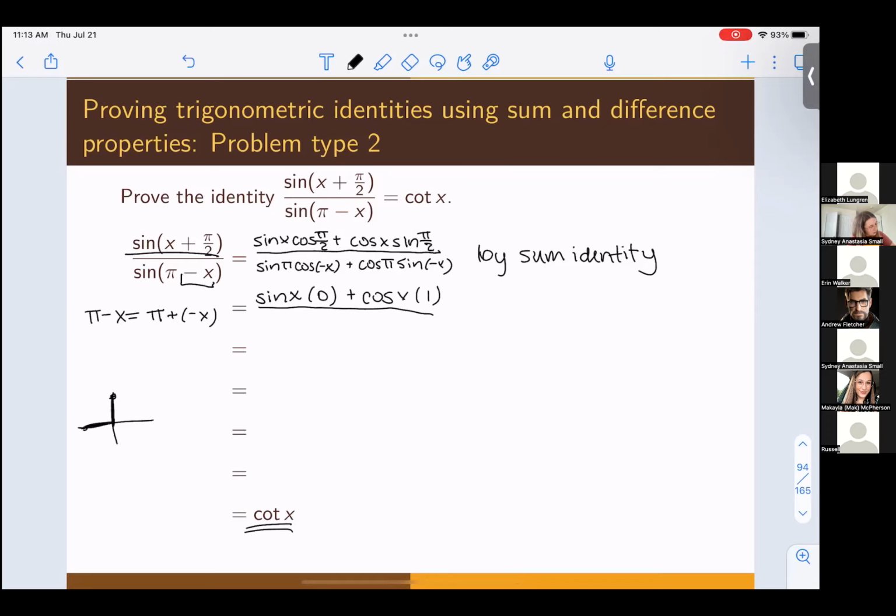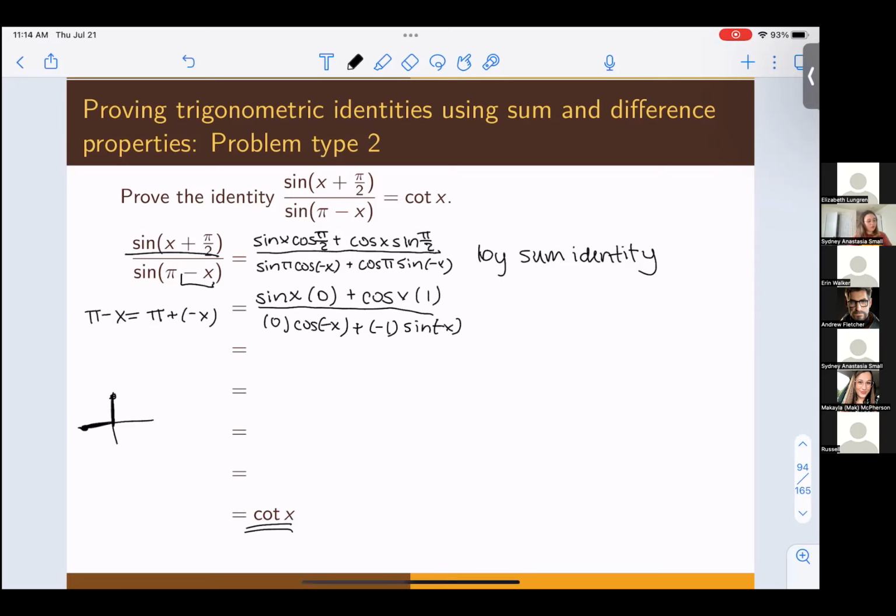Pi is right here. The sine of pi is the y coordinate on the unit circle of that point. That happens to be 0. So we have 0 times cosine of negative x plus cosine of pi, which is the x coordinate. That is negative 1 times the sine of negative x.